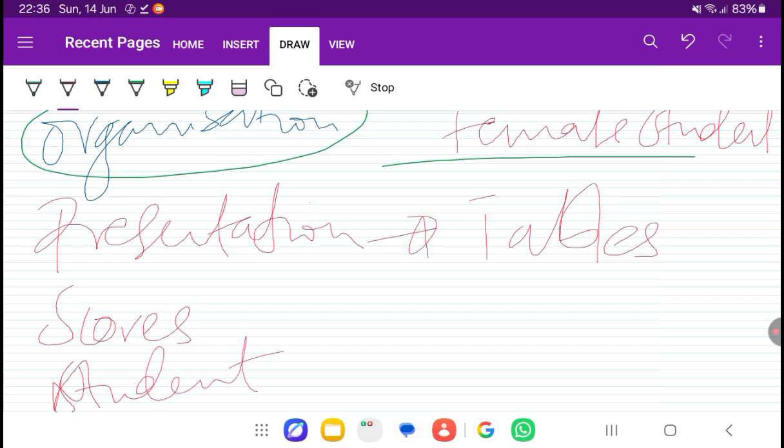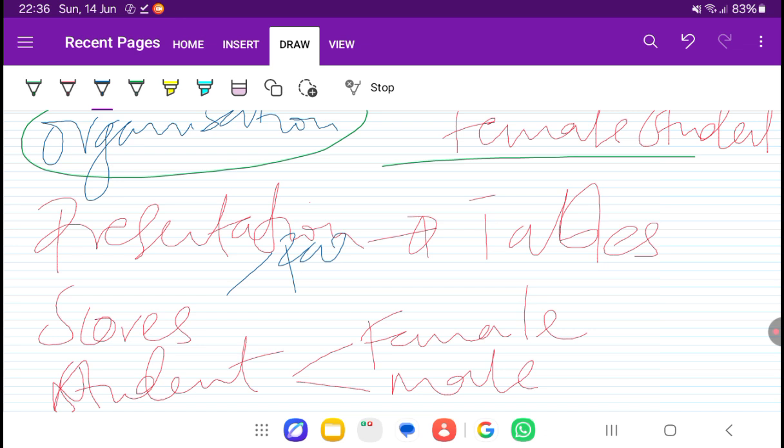Remember, we had organized our students into the female and then the male. You can choose to have a table where you're going to have the scores. And now the question you are going to ask yourself, among these scores, how am I going to present the scores? Remember, we are looking at the performance of the students. So we have those students who have passed, we have those students who have failed.